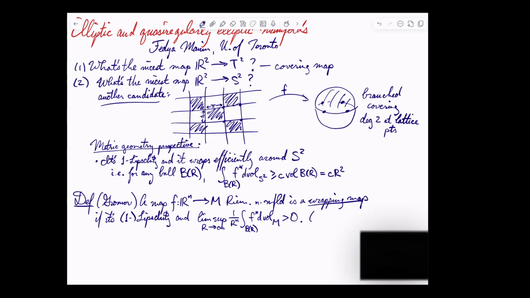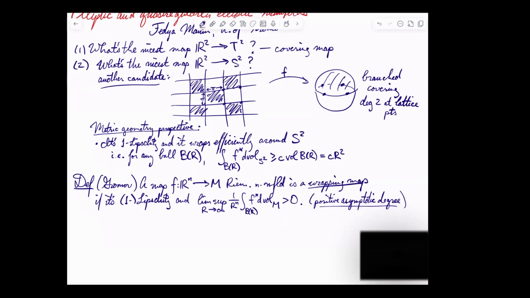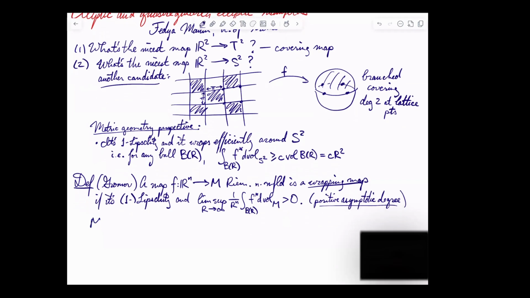This condition Gromov called positive asymptotic degree, but I'm just going to say wrapping map to be briefer. And let's say that the manifold M is elliptic if it admits such a map.